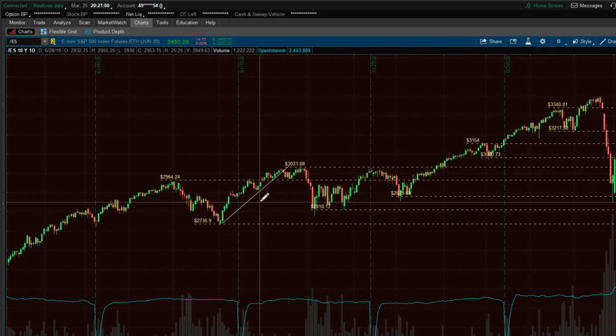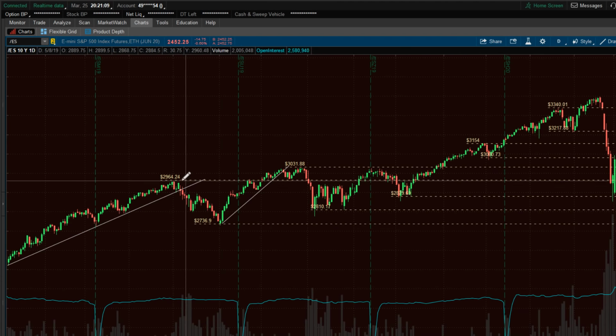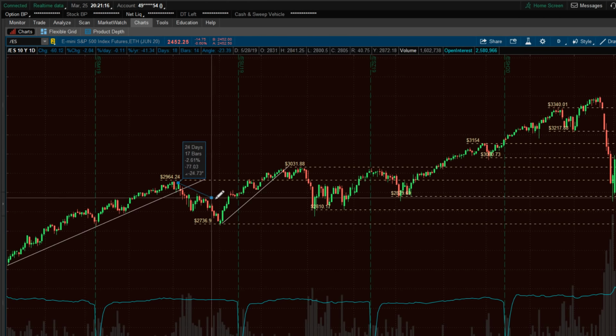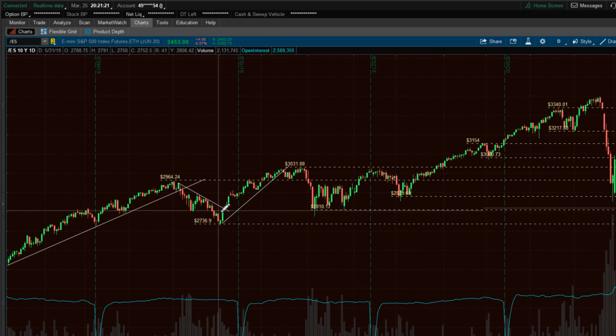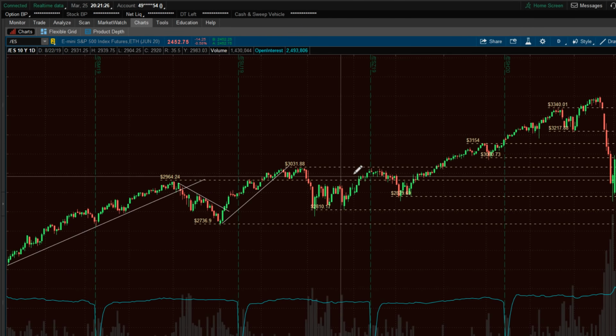All right, this one here. Got 1, 2, 3 on this one before we get a break. In a downward trend, we're going to draw the trend lines along the upper resistance, connecting at least 2 points.